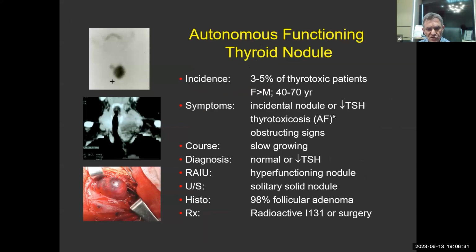So in this individual, it could be subclinical, where the TSH is suppressed and the T3 and T4 are in the normal range, until such stage that the nodule gets big enough and the T3 increases and eventually the T4 increases. And these individuals commonly present with atrial fibrillation, or heart failure, or they can present with obstructing signs.